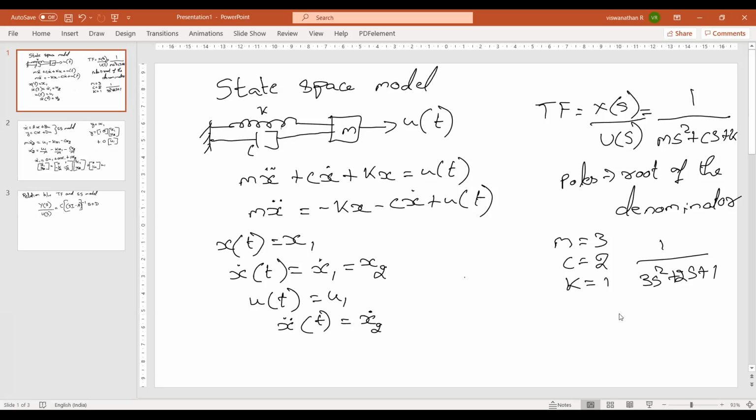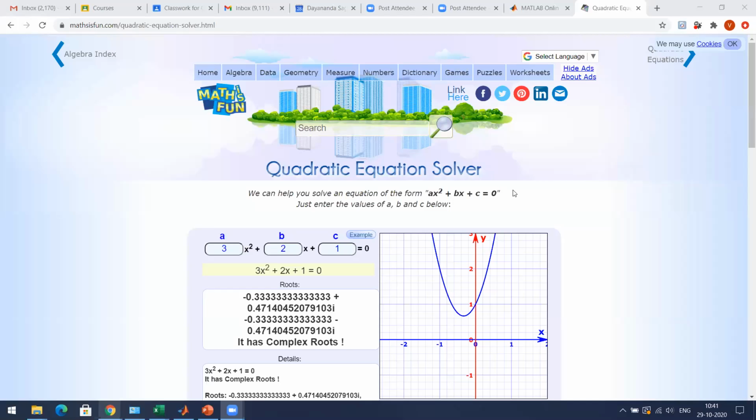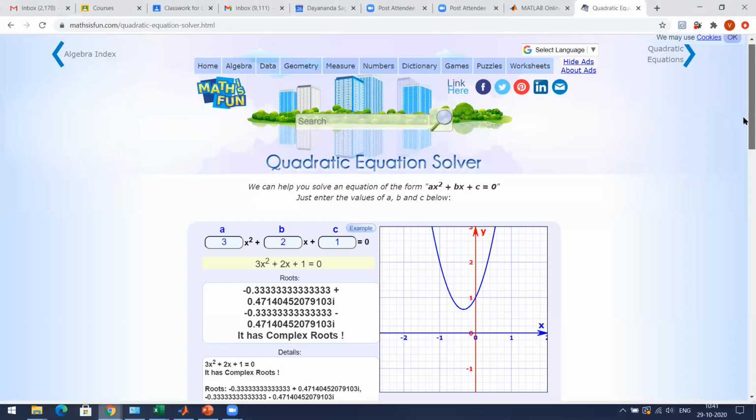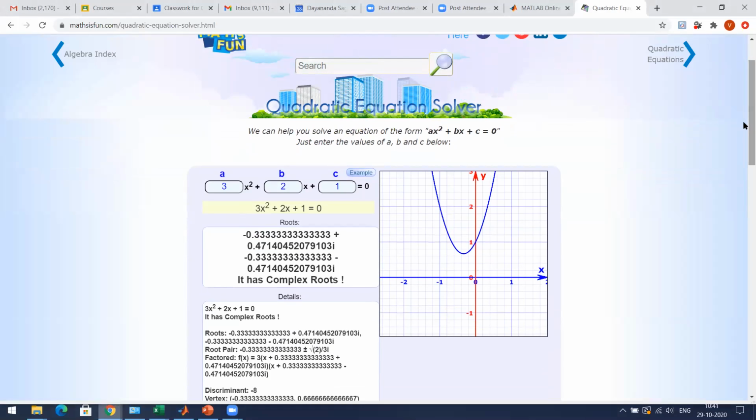So what will be the roots of this? For that, just go find it out. 3s square plus 2s plus 1. I'll share the screen. You're able to see that quadratic equation solver?